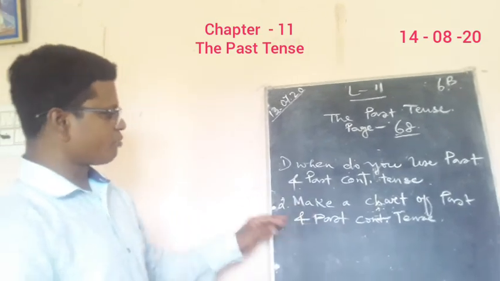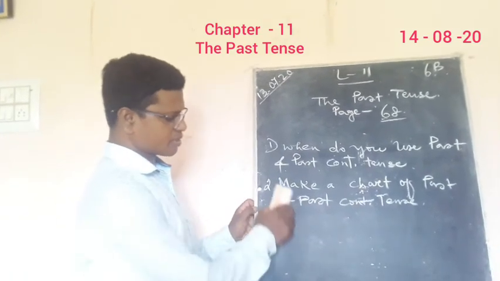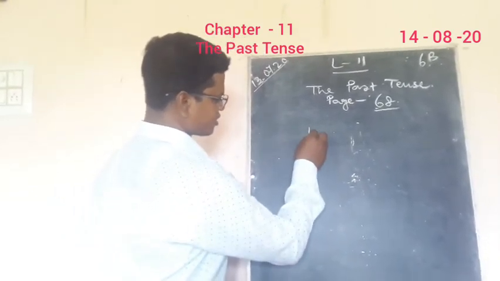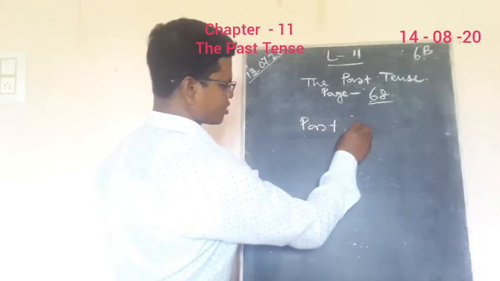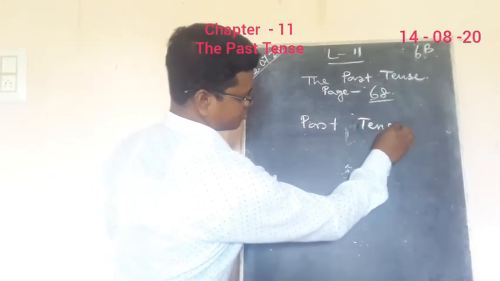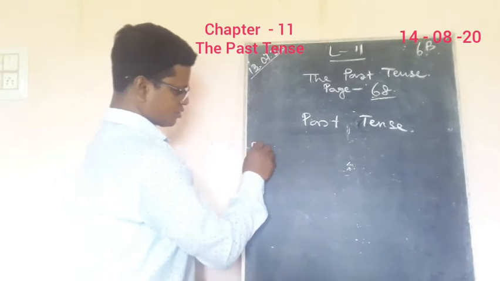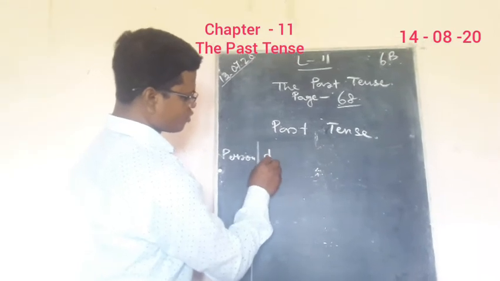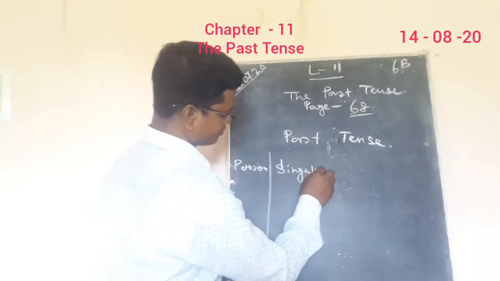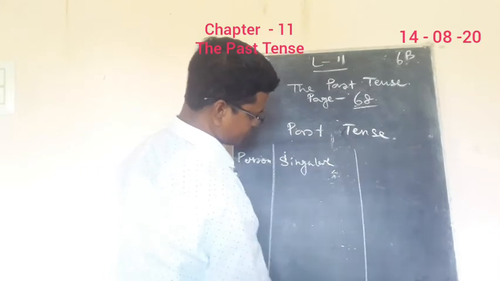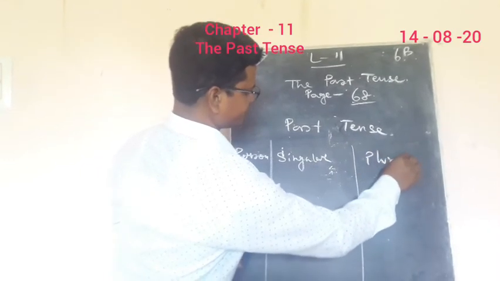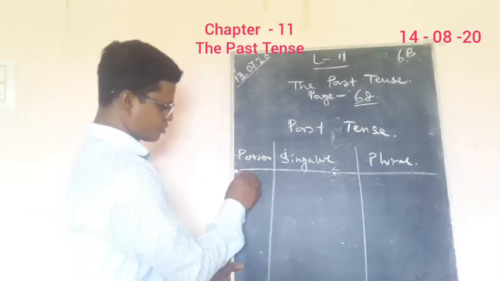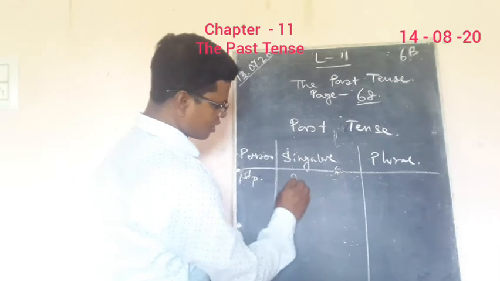So now we are going to talk about the second thing. Make a chart of the past and the past continuous tense. Please make a chart of both past tense and past continuous. As you all remember, in the first column you write person, then you have singular and plural. First person singular, I went.